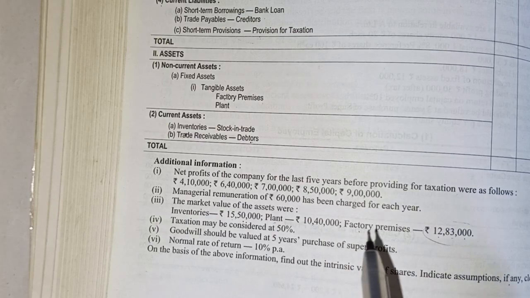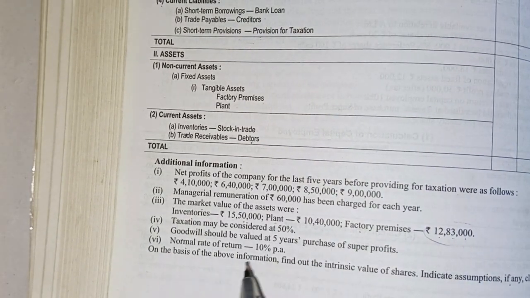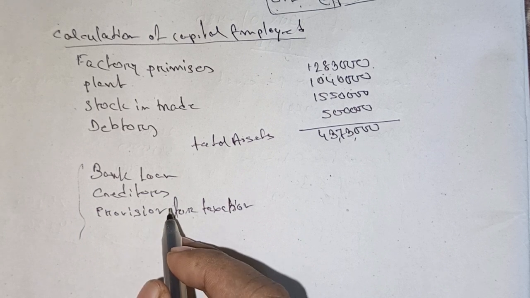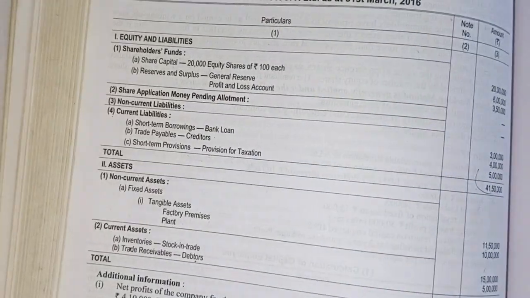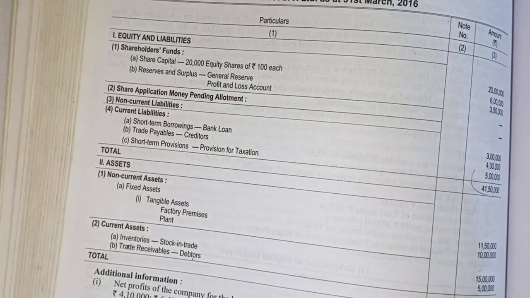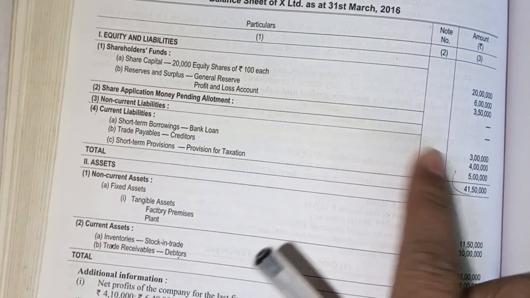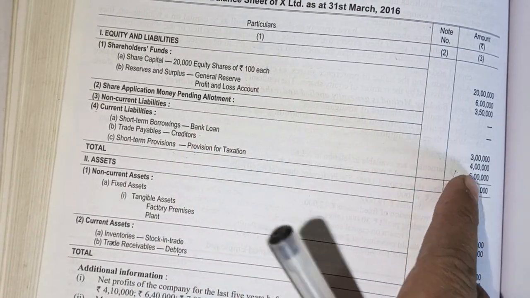Is it given or not? Nothing is given as additional information for these current liabilities. So I will write the values as they are. Bank loan is given 3 lakh, creditors is given 4 lakh, and provision for taxation is 5 lakh.